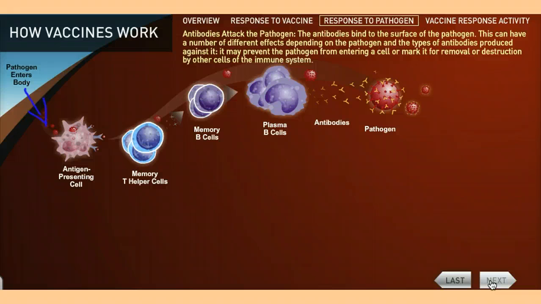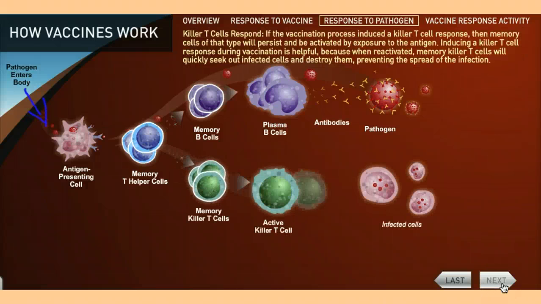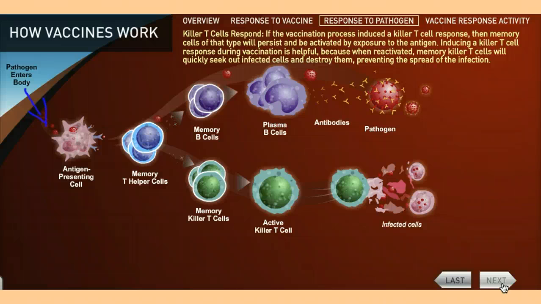A very quick scenario, and then the antibodies will bind to the pathogen antigen, and then the killer T cell will kill the infected cell. This is a much quicker process. So instead of going through sickness or a disease, the memory cell is now activated instead, and it takes control and gets rid of the infected cells.